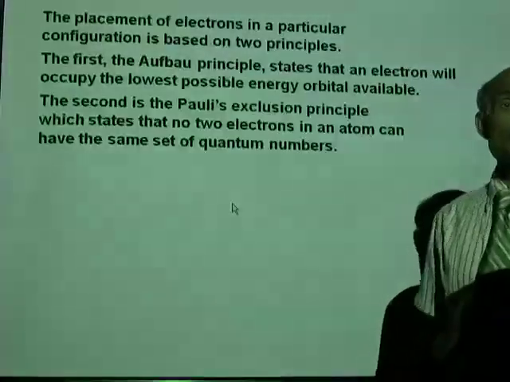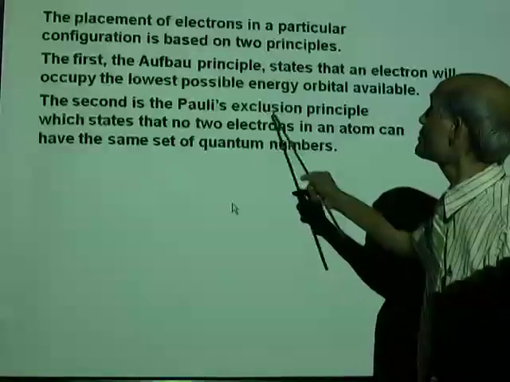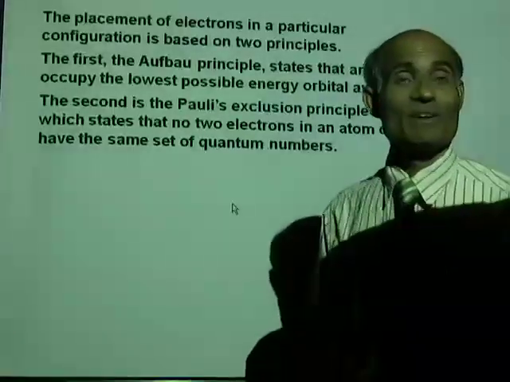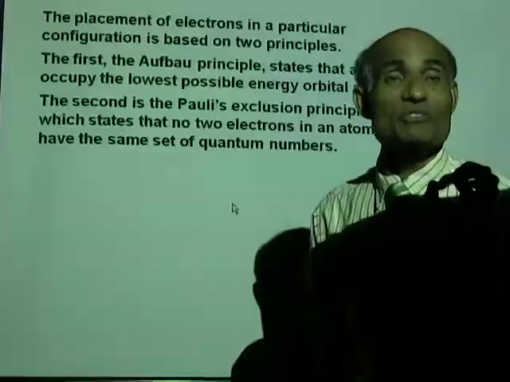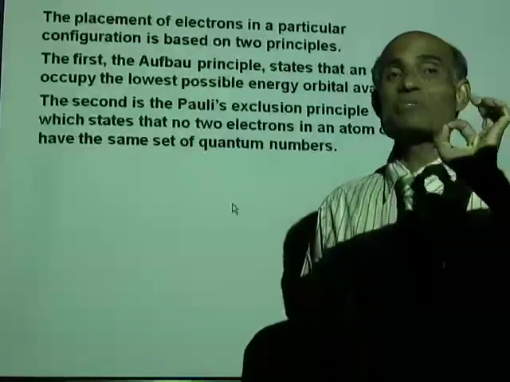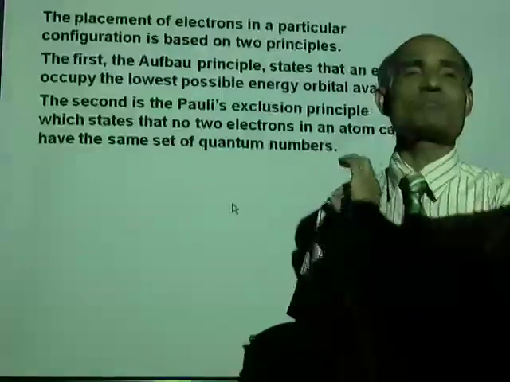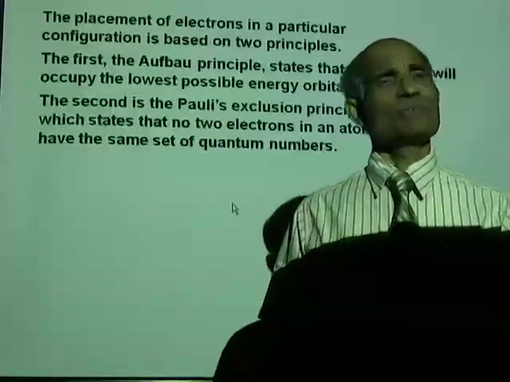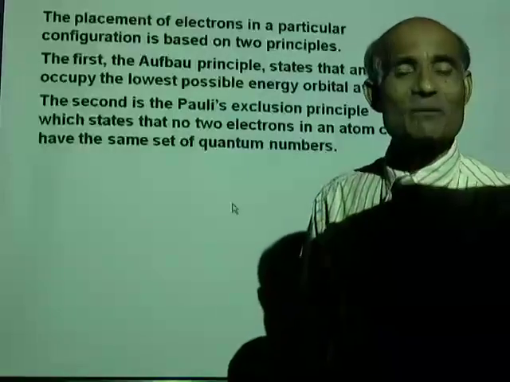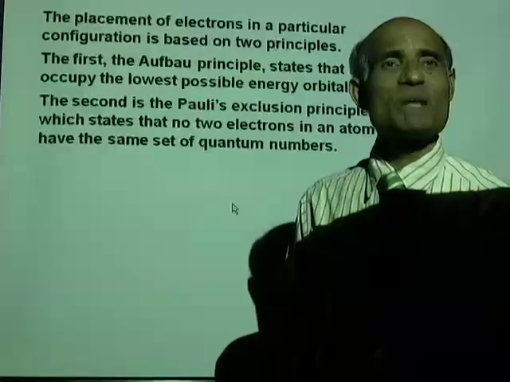The second principle is called Pauli's exclusion principle. That's a very important principle. What does it tell you? It tells you that no 2 electrons can have the same set of quantum numbers. Well, what does that mean? No 2 electrons can have the same set of quantum numbers.